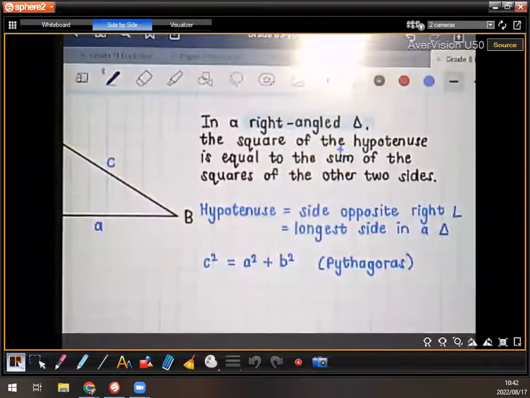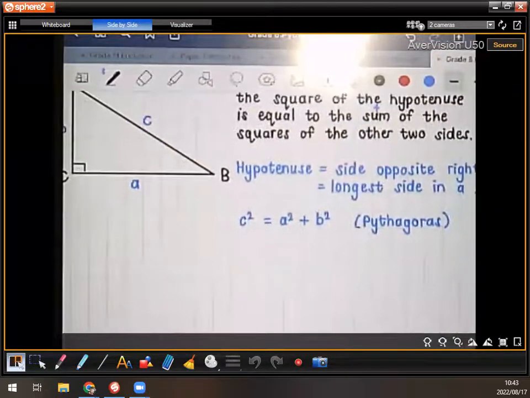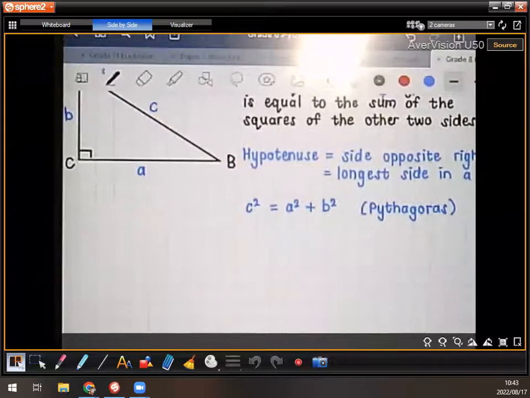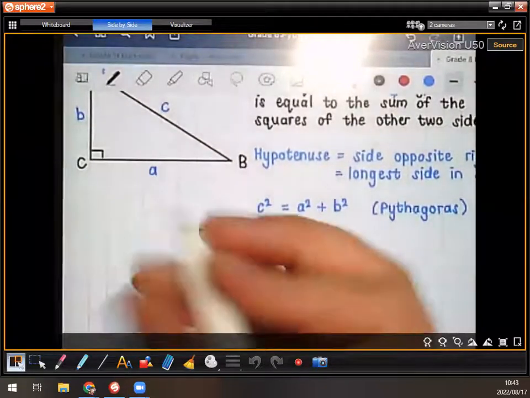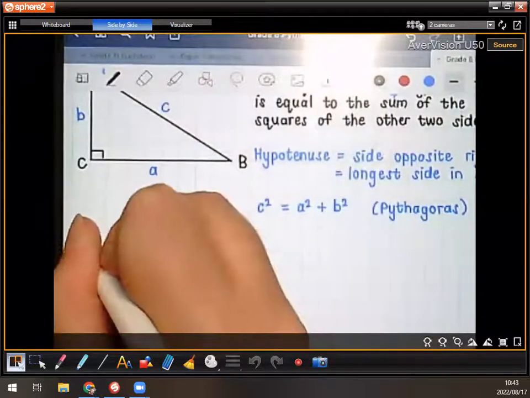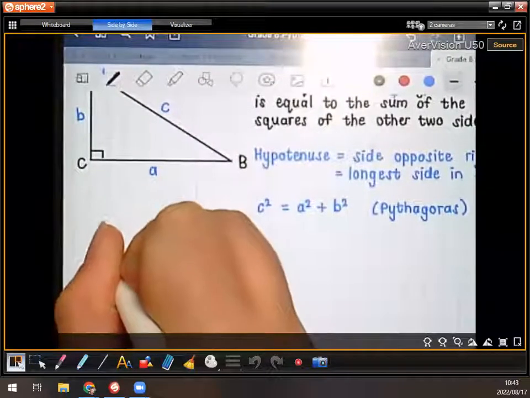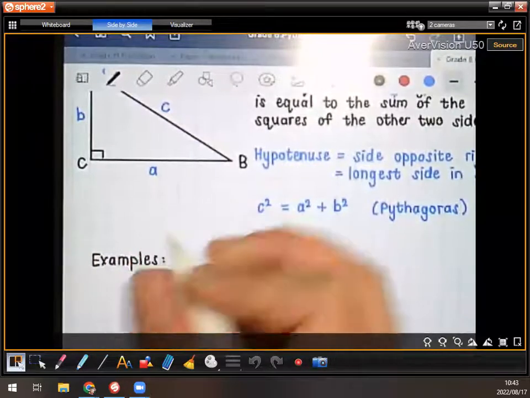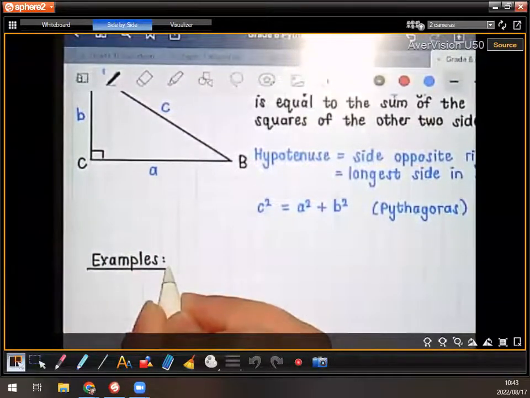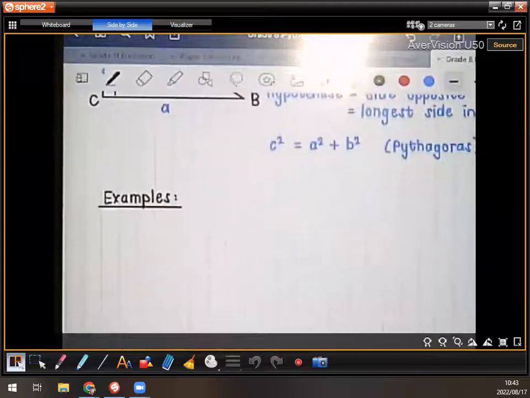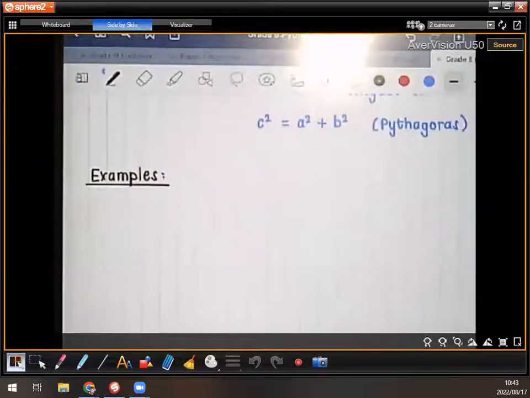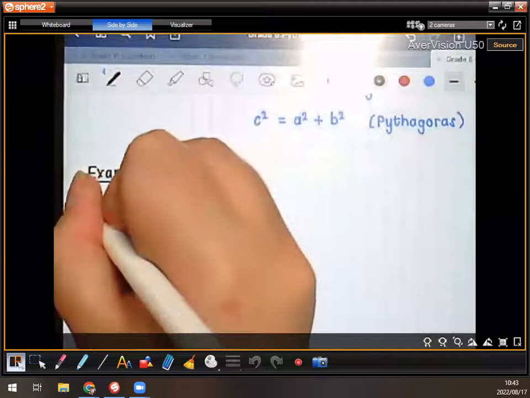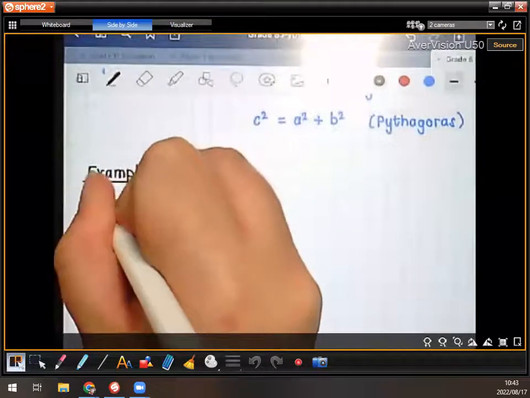Okay, we're going to do some examples now. So just underneath this, you can write examples, and then you'll see how we actually apply it, instead of just writing it. I'm just going to give one heading for all of the examples.